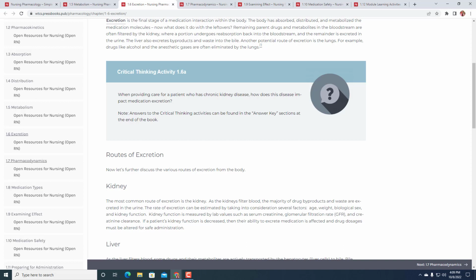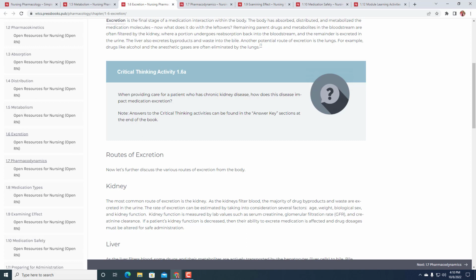Well, many of these medications and metabolites, the kidney filters them. When we are not able to get rid of them, we might find that they are getting resorbed back into the bloodstream. The kidneys aren't working.